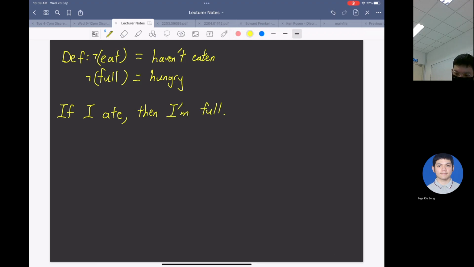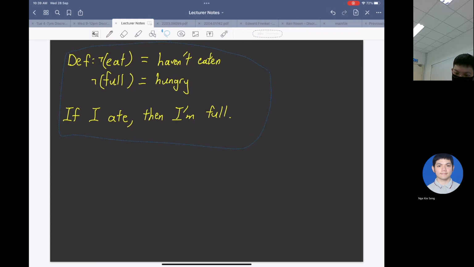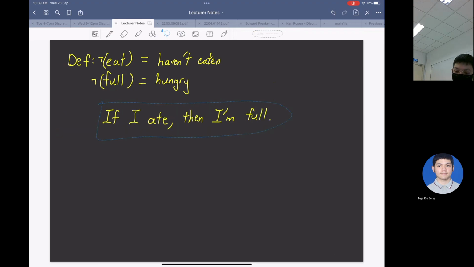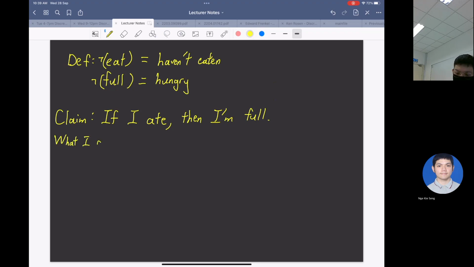Okay, now I want you to look at the logic of these statements. So if I ate, I told you if I ate, then I'm full. So this is my claim. Okay, so what I did, I ate.